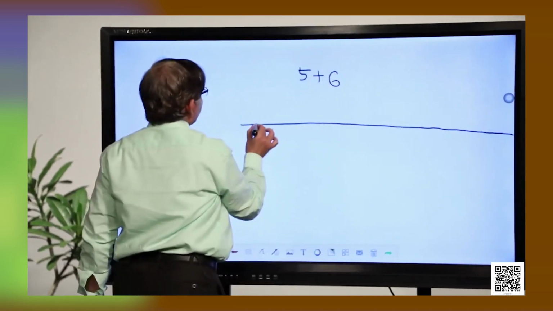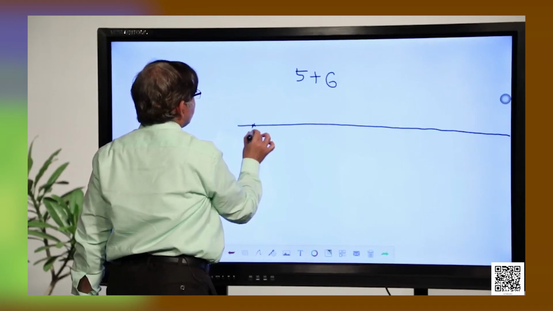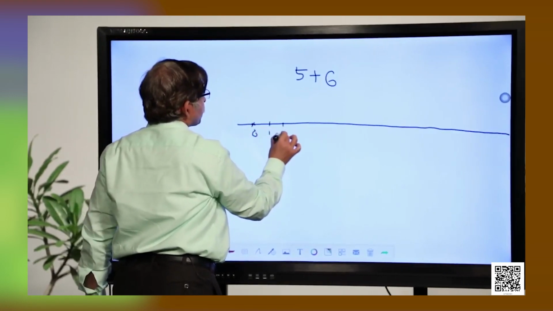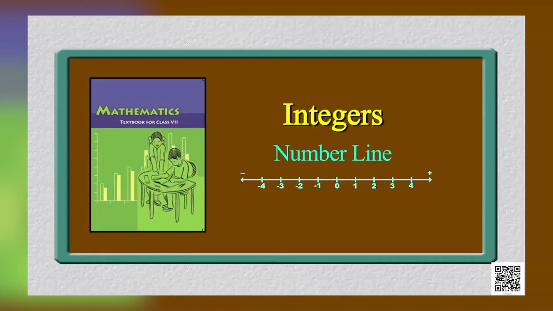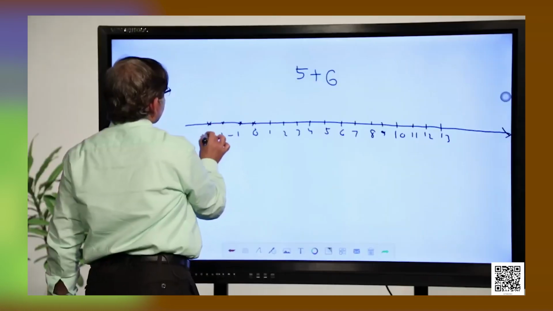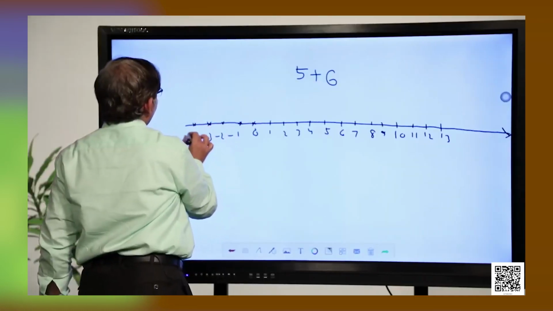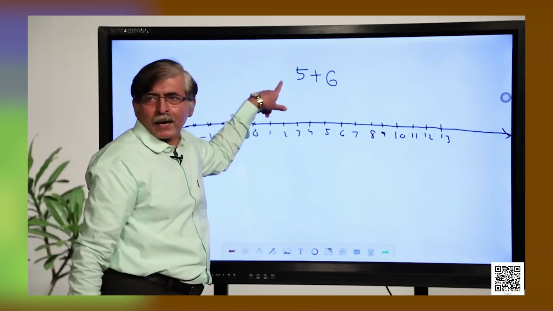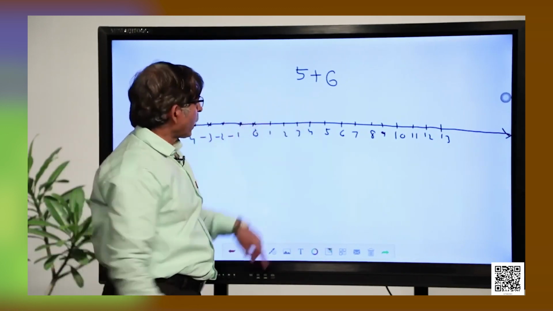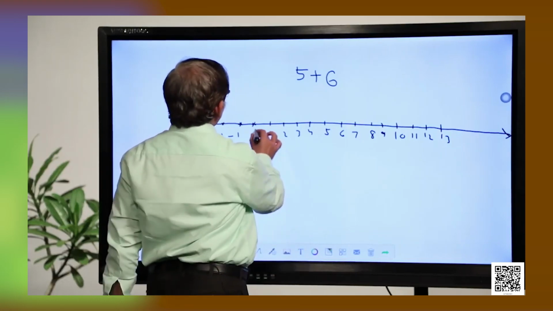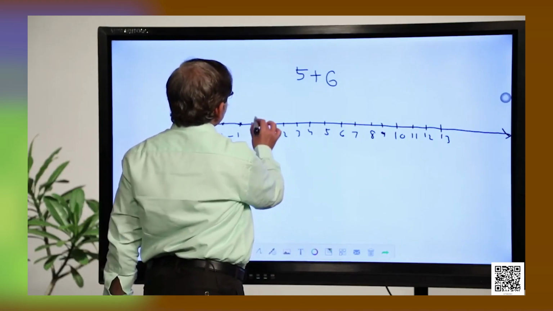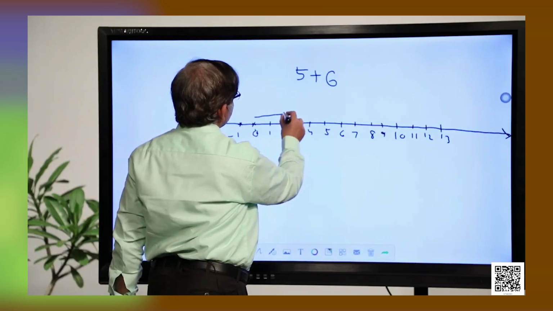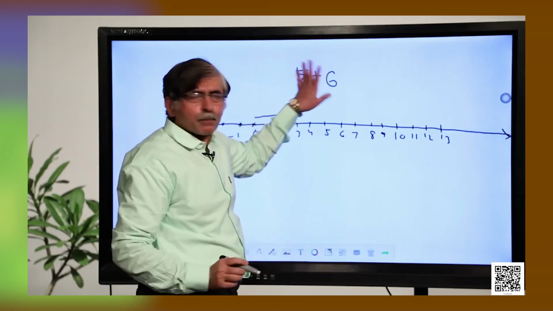Maybe we can consider this is our 0, 1, 2, 3, 4, and minus 3, minus 4, etc. So we have numbers on this side also. This is positive 5 and this is positive 6.